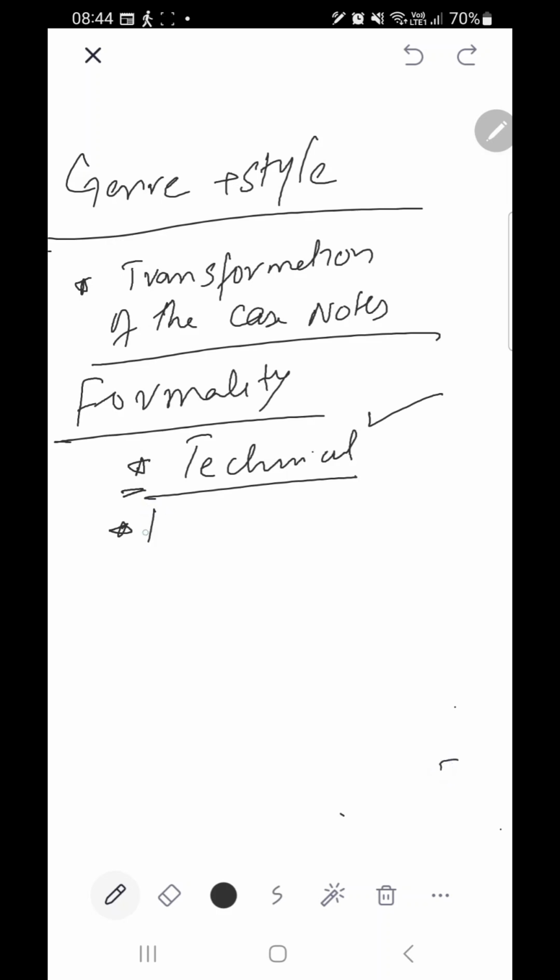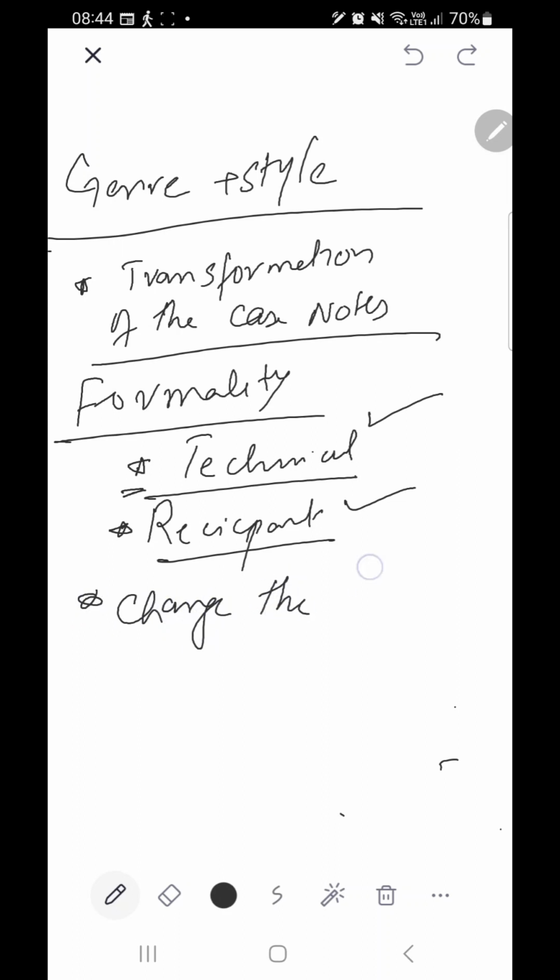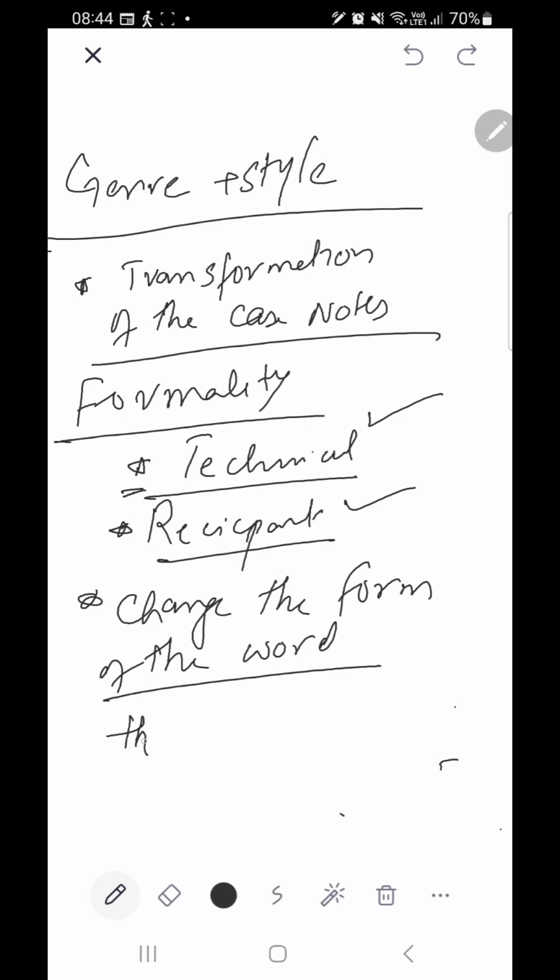Or in simple words, always see to whom I'm writing. Accordingly, select the words. Change the form of the word. If you don't have a synonym, then at least change the form of the word.